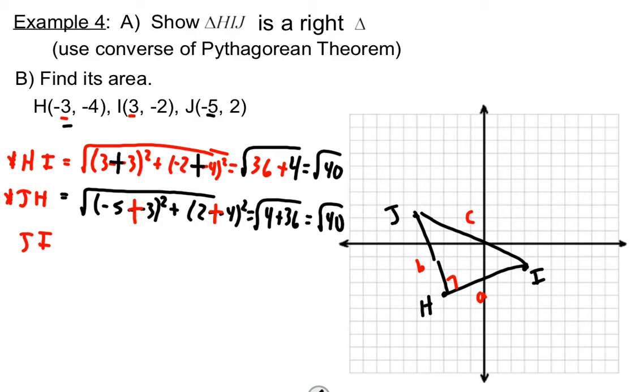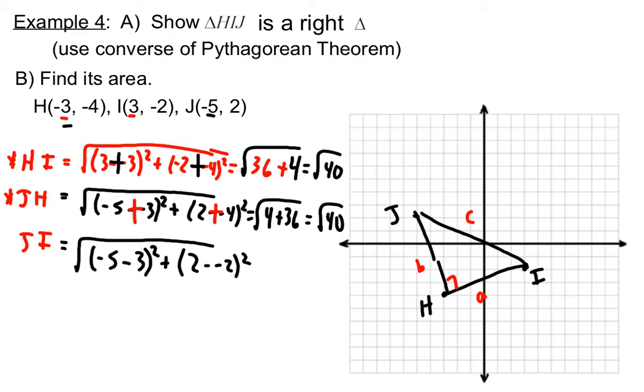All right, let's do JI. This is our C. This is our hypotenuse. So J to I there, we're going to go ahead and look at our x values here. So we're going to do -5 minus 3 squared plus y's 2 minus a -2 squared.